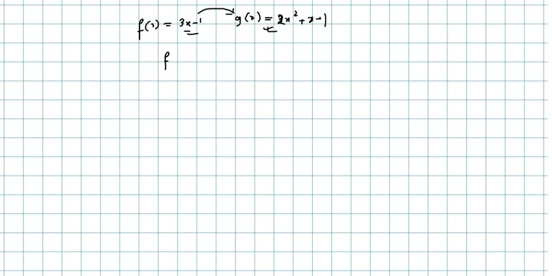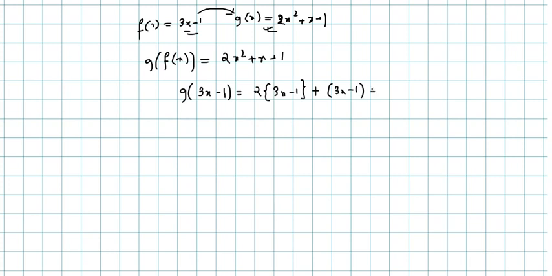So g of f of x equals 2x square plus x plus 1. In that case, f of x is 3x minus 1, so all the x values get replaced by 3x minus 1: 2 times (3x minus 1) square plus (3x minus 1) plus 1. So, in this way also we can do.